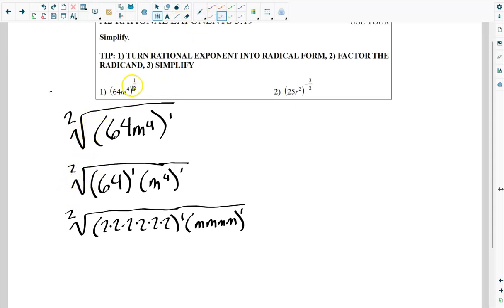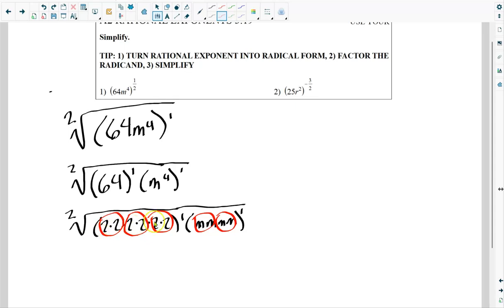Look at what I've done. The first thing is I turned this rational exponent into radical form. Now I do what I've been doing: I look to see if this problem is going to be easy, medium, or hard. But no matter what, you give it a try. So the index is 2, so I'm going to circle here, here, here, there, and there.